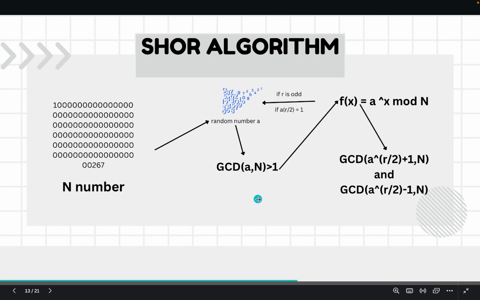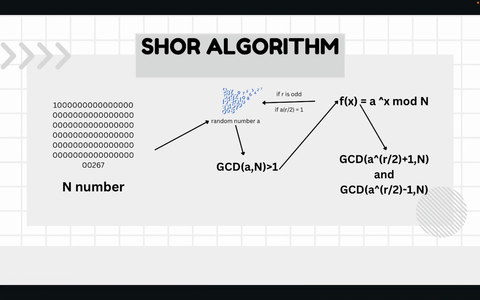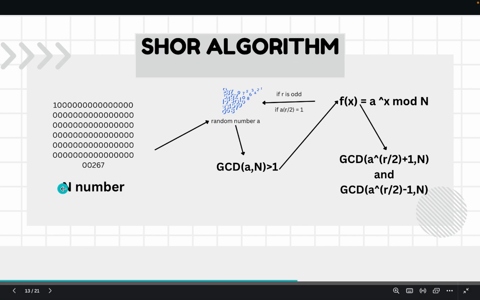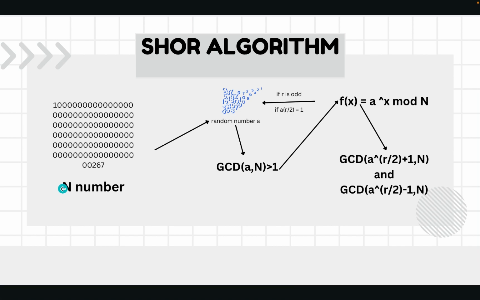So let's take a deep dive into the Shor algorithm. After we get the public key, or the product of the two prime numbers, which in this case we'll call n, the first step is to pick a random number a that is less than n and greater than 1.